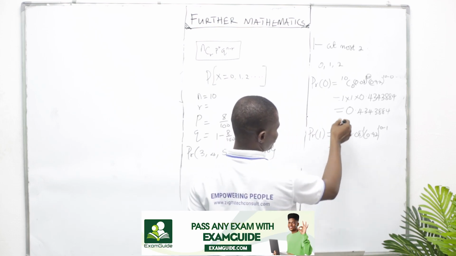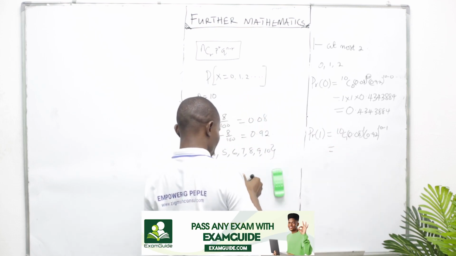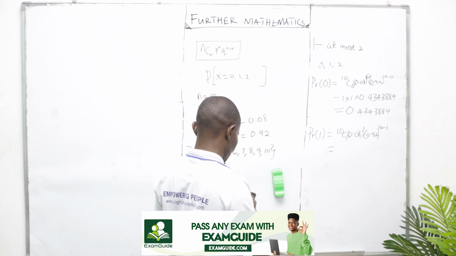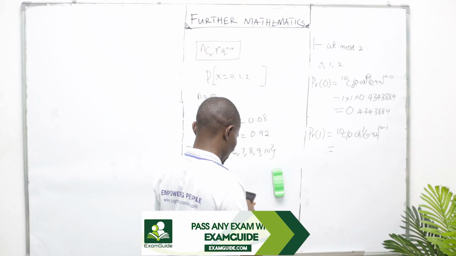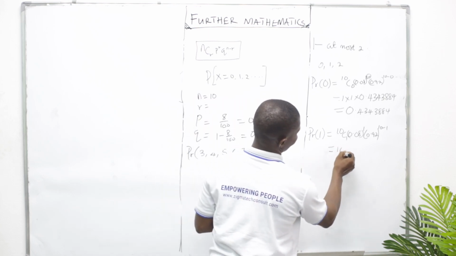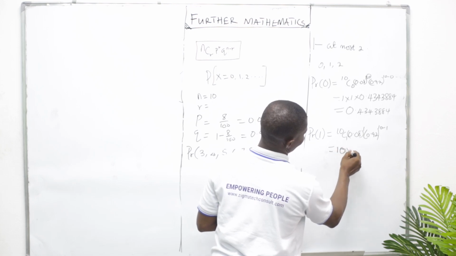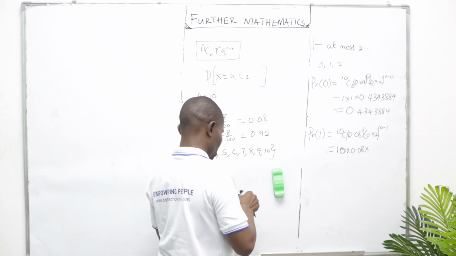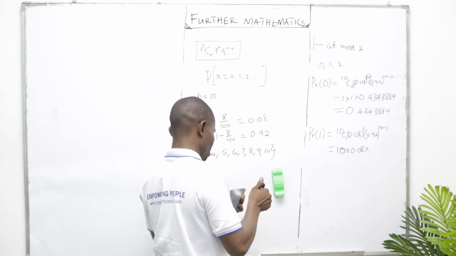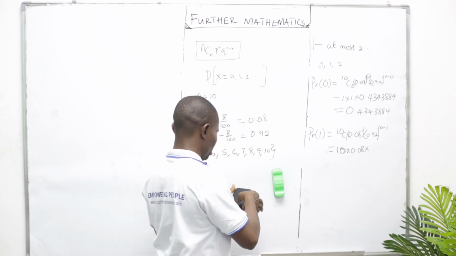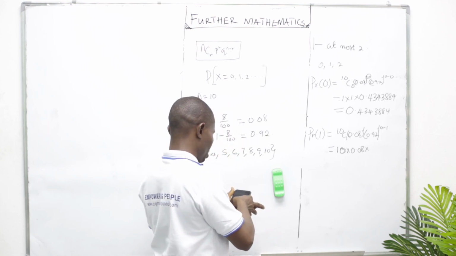This will give us 10 combination 1, which is 10, multiply by 0.08, multiply by 0.92 raised to power 9.